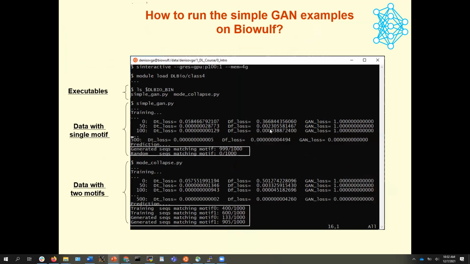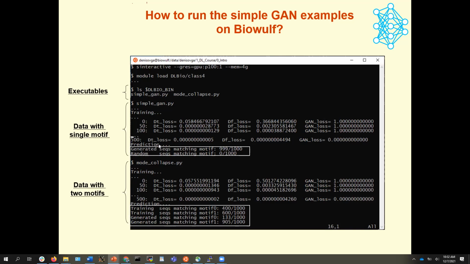This slide describes how we can run simple examples on BioWolf. We first allocate an interactive session, then we load the module dlbio/class4, and then there would be two executables available. The simple GAN executable, that's the executable for the first example, and the mode collapse executable for the second example. And we run those examples just by typing their names.